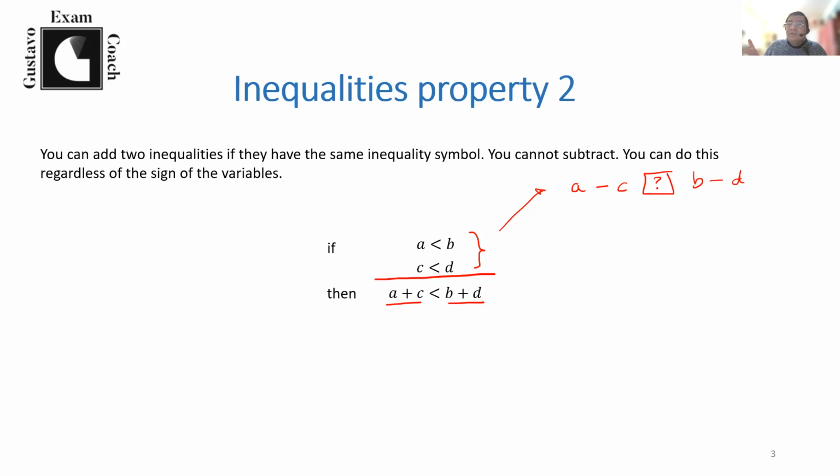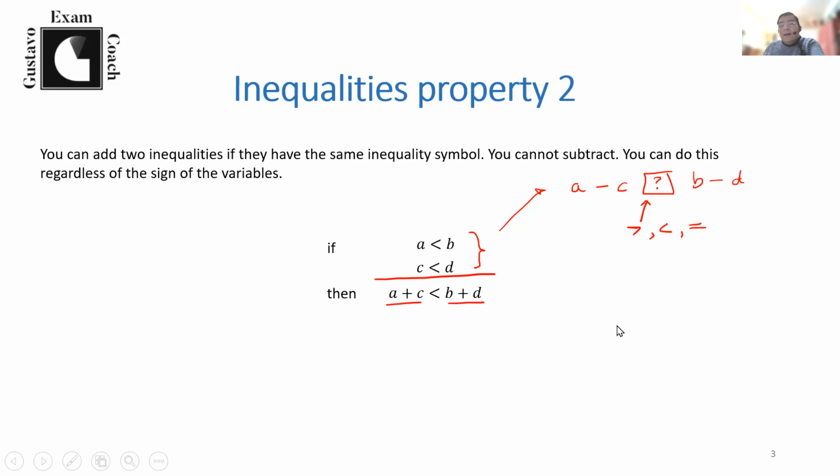There's no way to generalize, which is another way to say you cannot subtract inequalities. All right. This actually could be any possibility. It could be greater than, less than, or even equal to, provided that the appropriate values appear in these algebraic expressions.